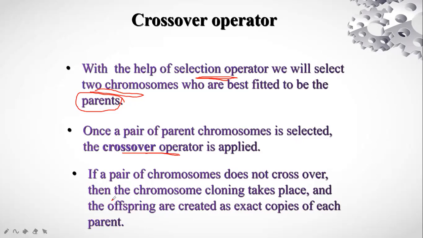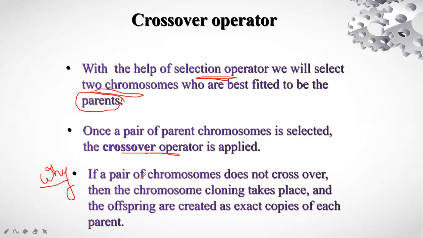Now, first thing, why are we applying the crossover operator? What will happen if we do not apply it? So the question arises why, and if not applied, what will happen? If we do not apply the crossover operator, the offspring, the children which are created, will be exact copies of the parents.